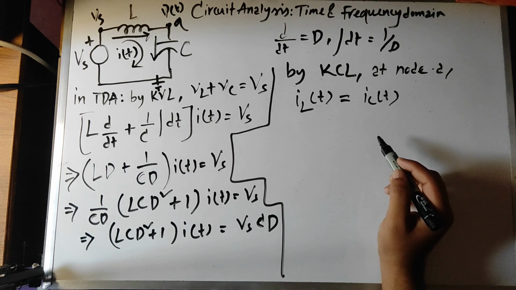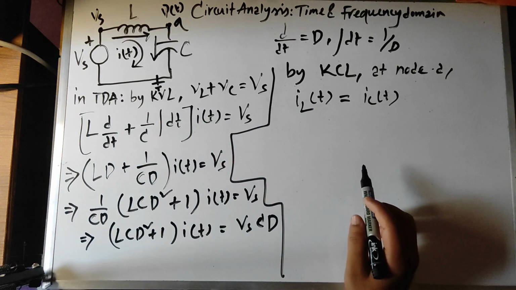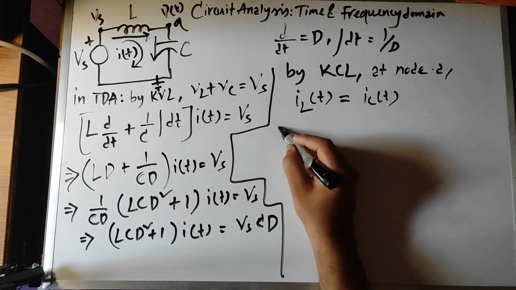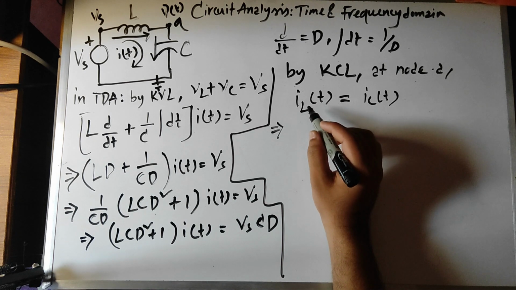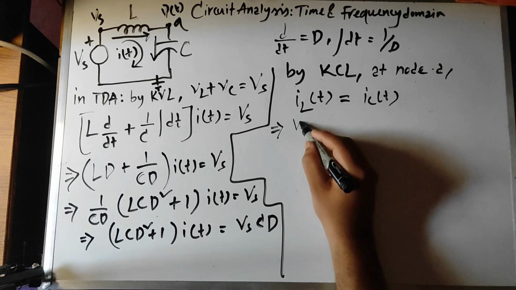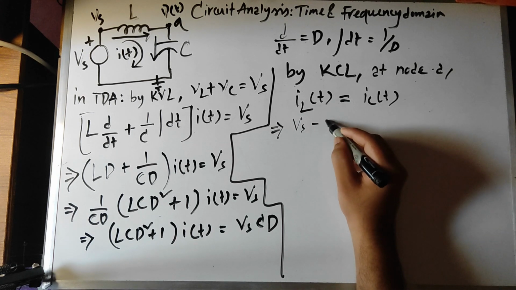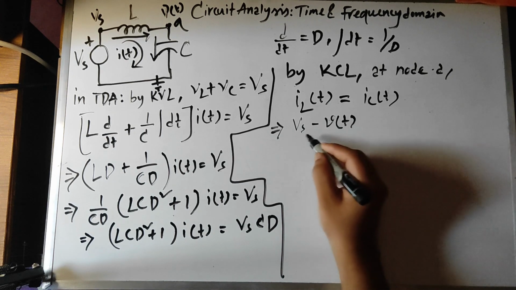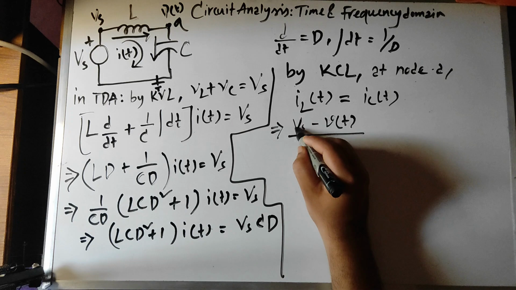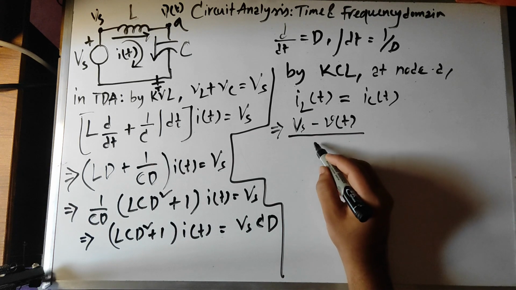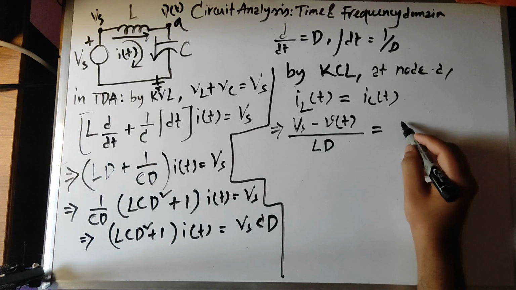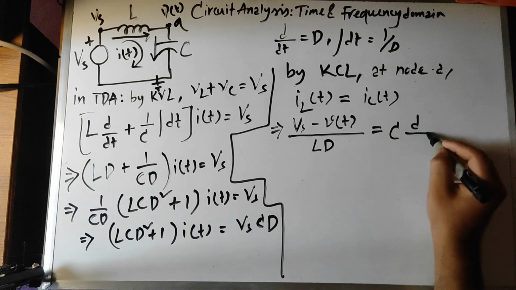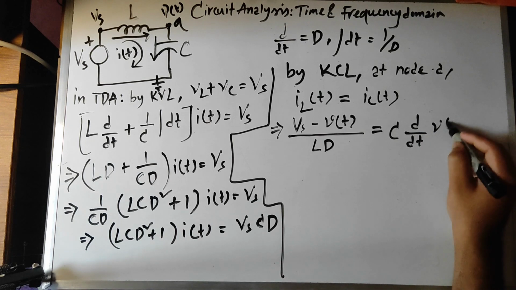If we apply KCL in this series LC circuit with step input or DC input, this gives us for the current through the inductor, (Vs minus Vt)/LD equals C d/dt Vt.